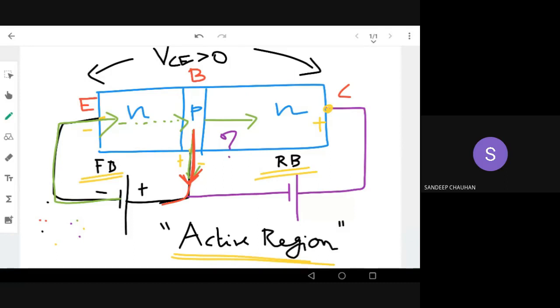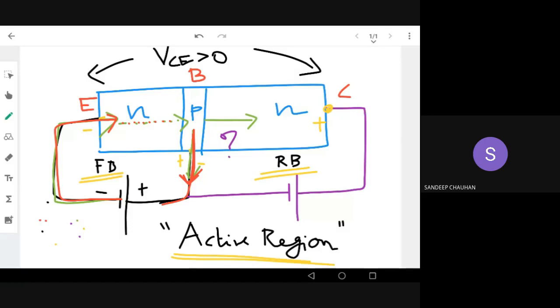Electrons start from the negative terminal of the battery, enter the emitter terminal, pass through the N region, and enter the P region, and they have two options right now: either go straight to the collector region or divert to the battery potential, the P plus region. Although some current passes to the battery side, most of the carriers will go to the collector region.